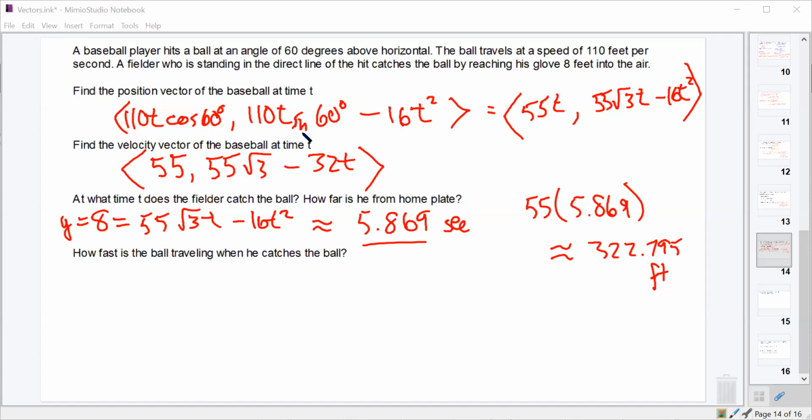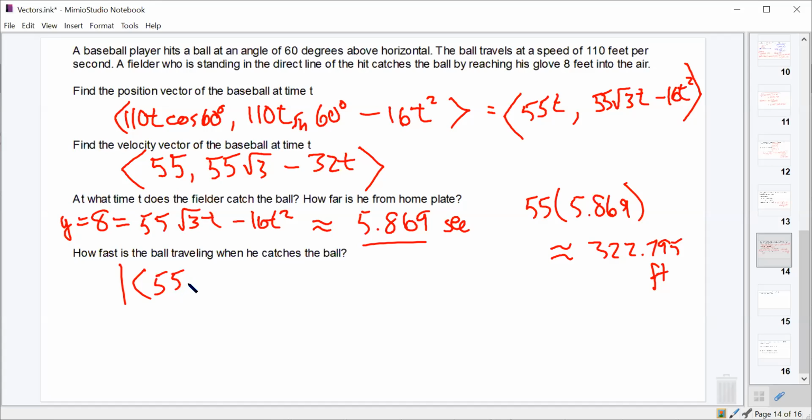And so what is the speed of that ball when it is caught? What is the speed of the ball at 5.869 seconds? So how do we figure out the speed? Should be the absolute value of our velocity vector, right? Magnitude of the velocity.